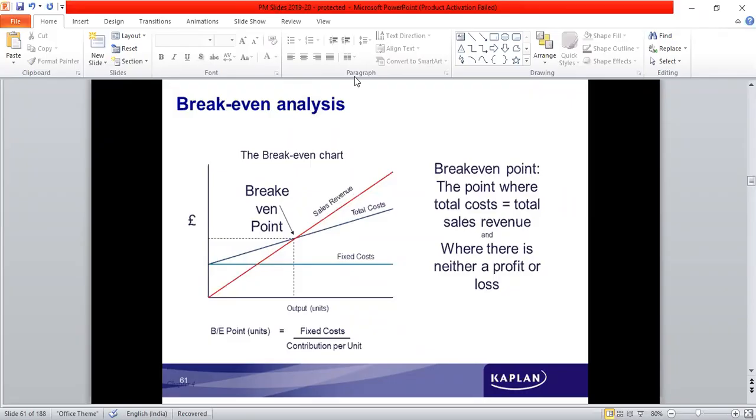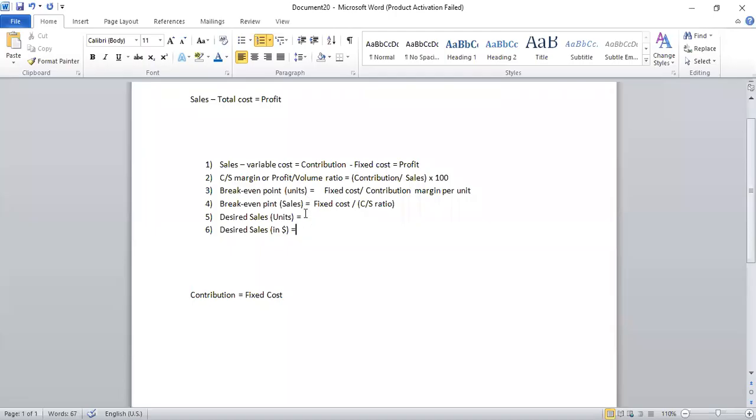The same formula we have taken for break-even point, we can take that one, which is fixed cost divided by contribution margin per unit. Okay, fine, but then what is the difference? At the break-even point, no profit, no loss.